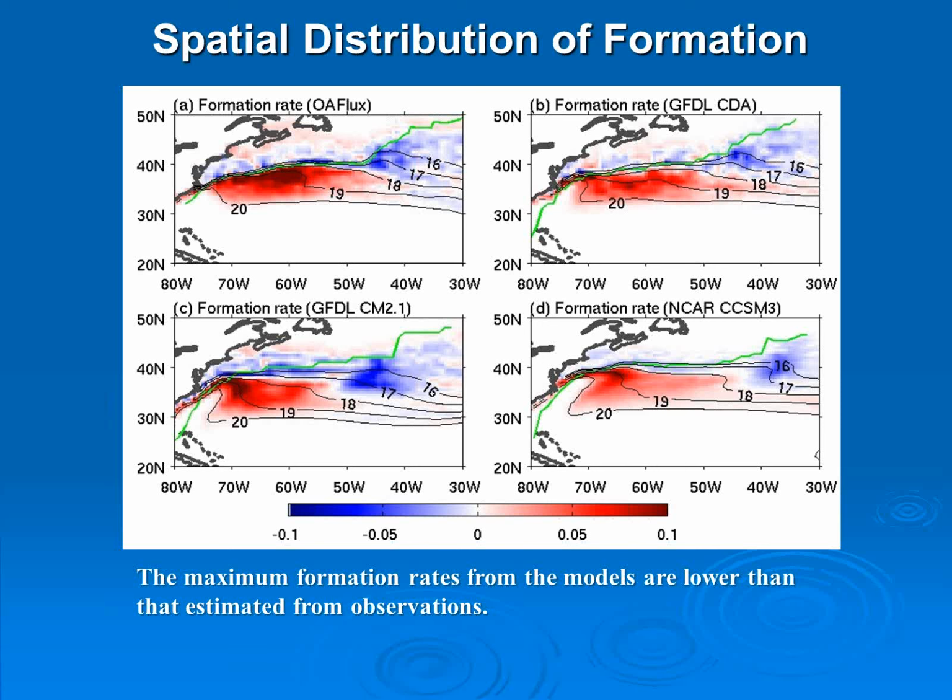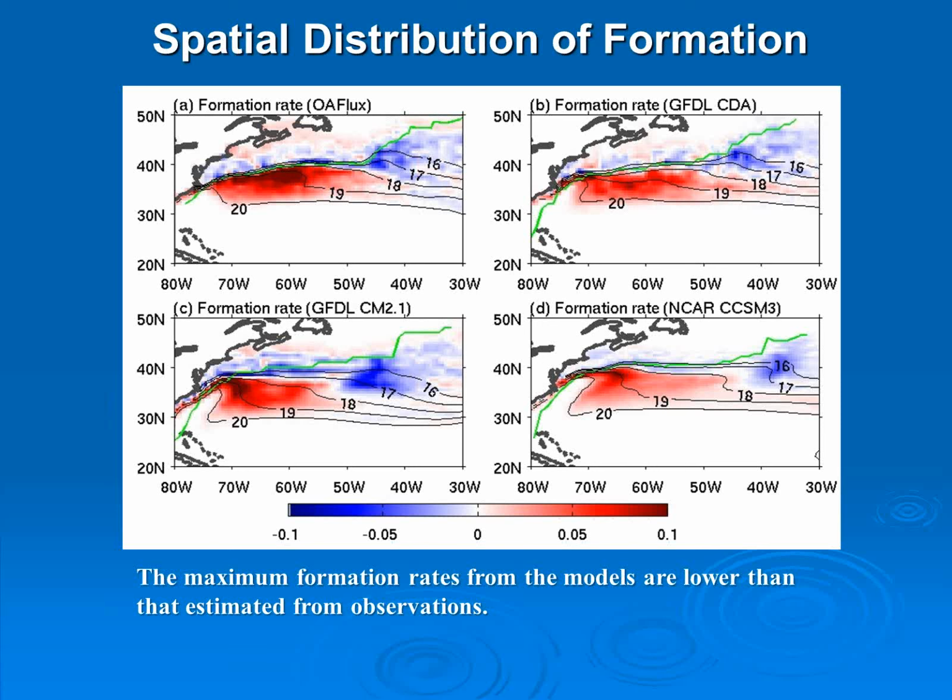I also want to mention that for the IPCC models, the formation is restricted to the west, particularly in CM 2.1. In the observations, the formation extends to 40 degrees west, but for CM 2.1, it is to the west of 55 degrees west.